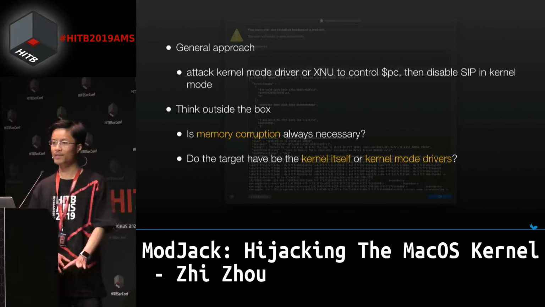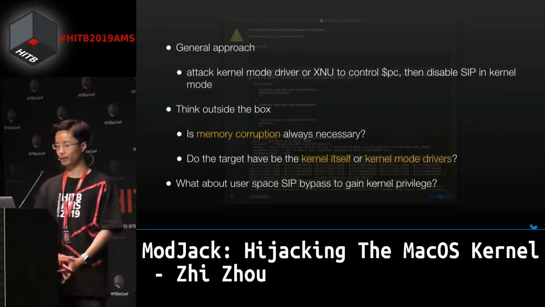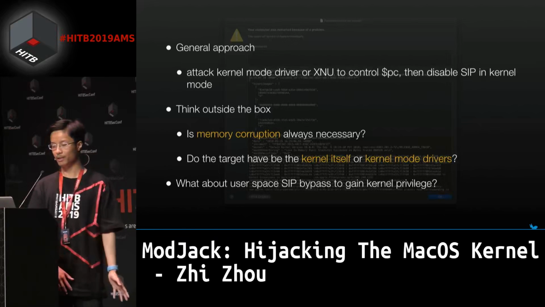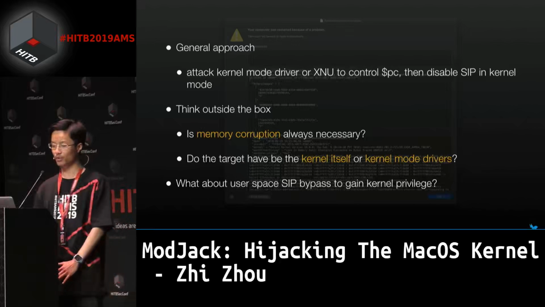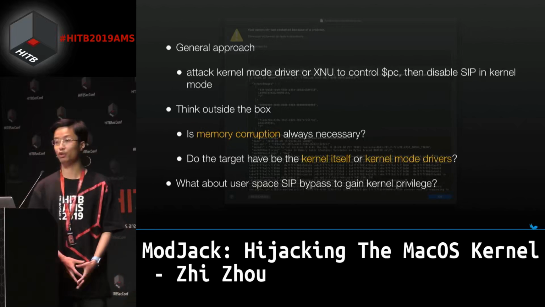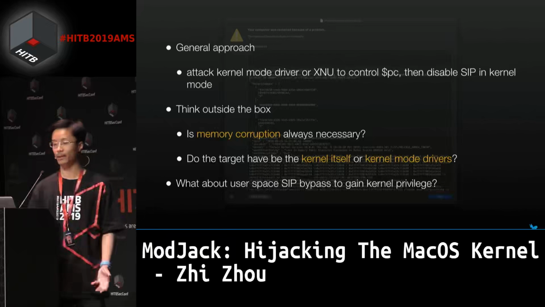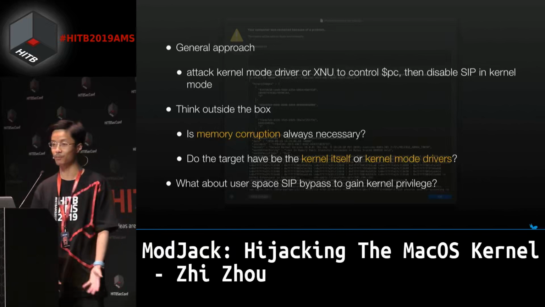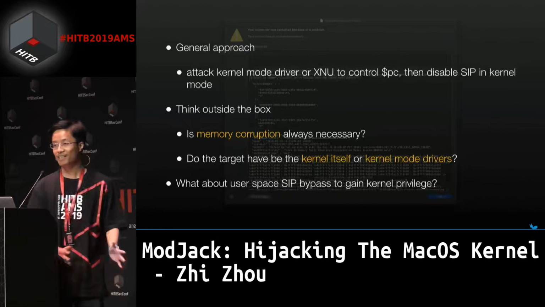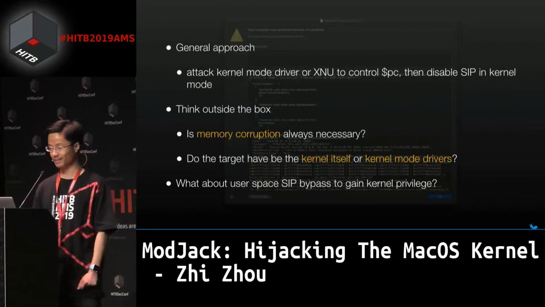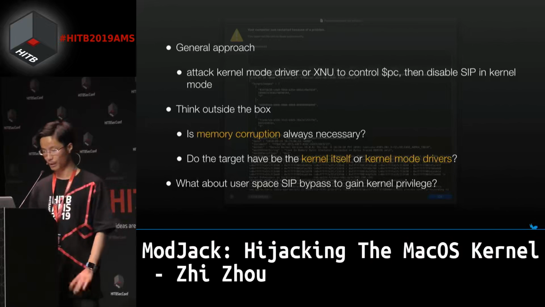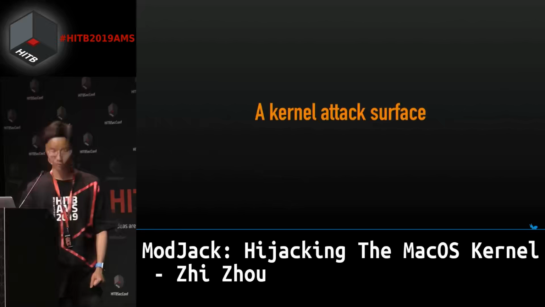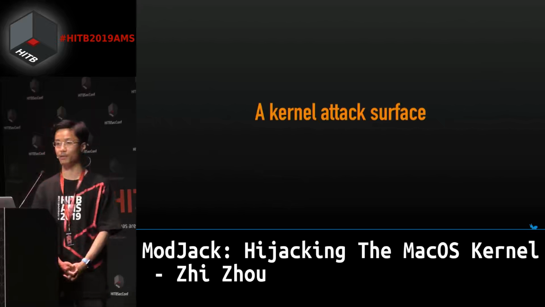That sounds crazy, but I will eventually prove the possibility of this way. And what about a user space SIP bypass to gain kernel privilege? The general approach is the other way around: attack the kernel to bypass SIP. What about bypassing SIP to attack the kernel? That's my approach. So I will introduce this kernel attack surface.